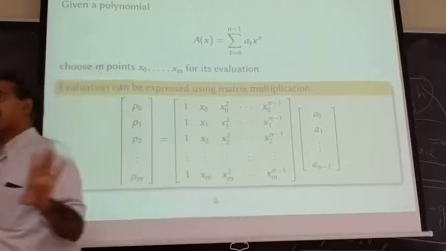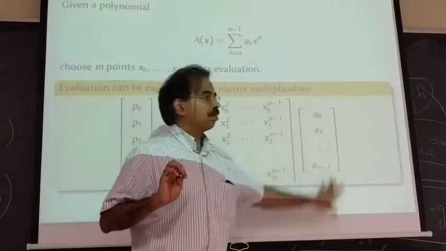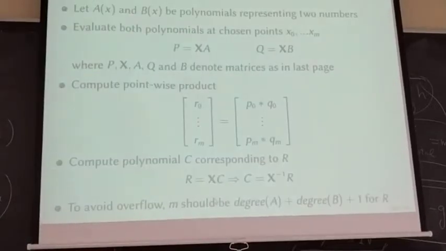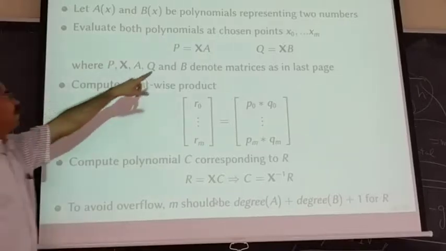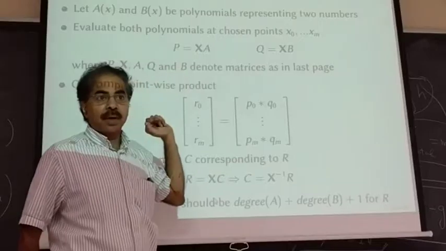So there is a mechanical approach for generating this boldface X. Once you generate it, you can multiply by that column matrix, and that gives you the resulting column matrix, which is the value of the polynomial A at each of those points.